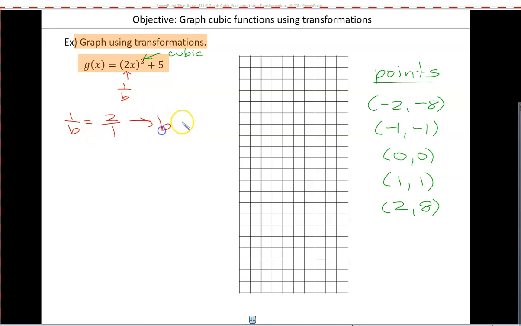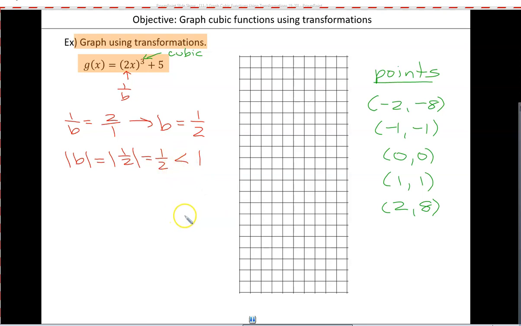So b would be 1 over 2. Now being positive, that tells us we do not have a reflection across the y-axis. And then we look at the absolute value of b, and the absolute value of 1/2 is still 1/2 because absolute value is always a positive value. Compared to 1, 1/2 is less than 1, and that 1/2 is our factor.